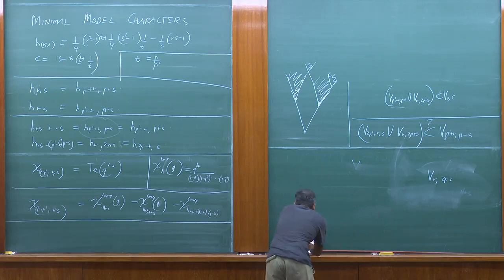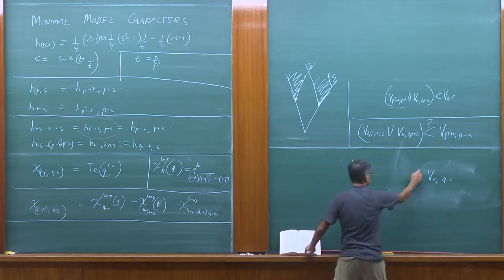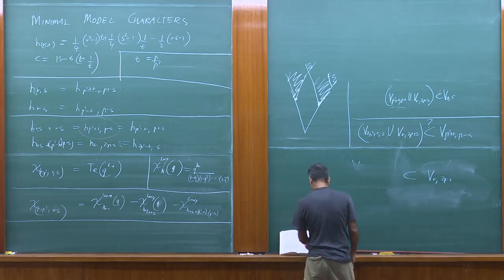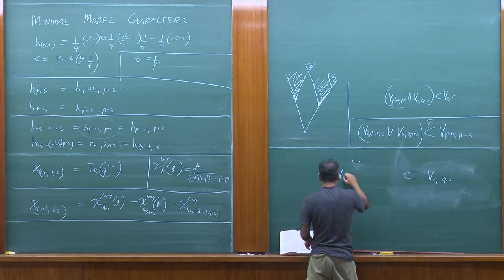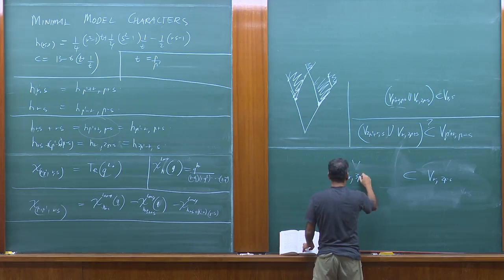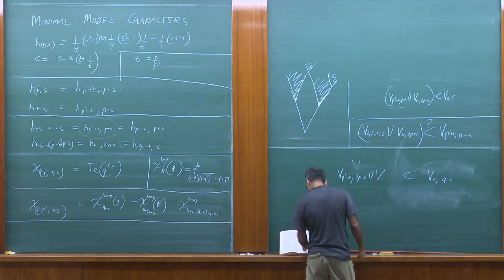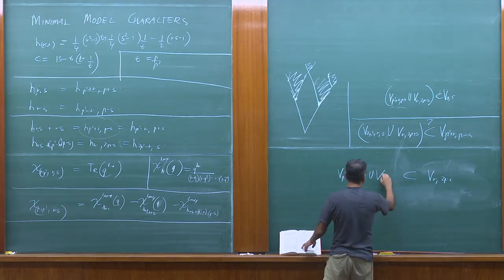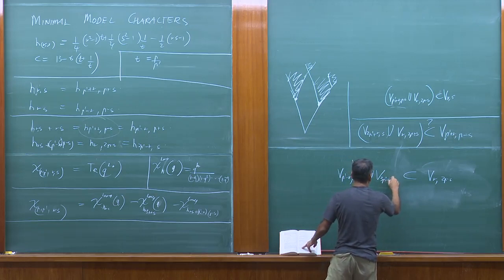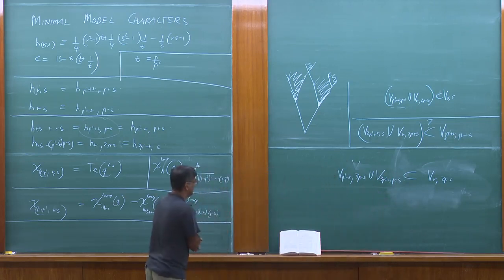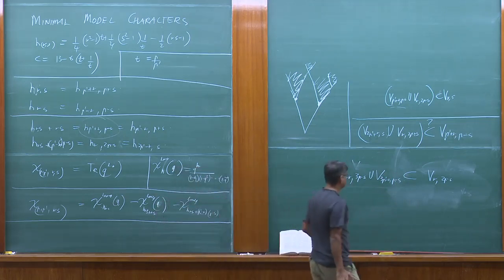Okay. Let's look. We are 2P minus S. The subset of this is claim V of P prime minus R, 3P minus S, union V of 3P prime minus R, P minus S. P minus S. Let's see, does even this work?